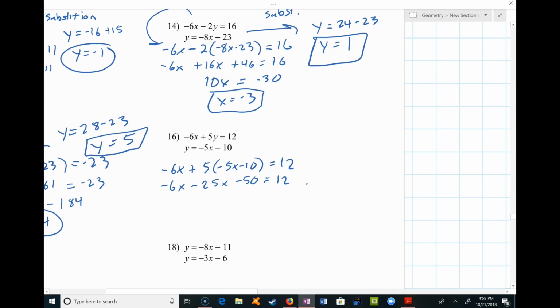So negative 6x and negative 25x is negative 31x. If I add 50 to both sides, I get 62. Therefore, x is equal to negative 2. If I plug it in up here, y is equal to negative 2 times negative 5 is 10, minus 10, that'd be 0. So I get y equals 0.